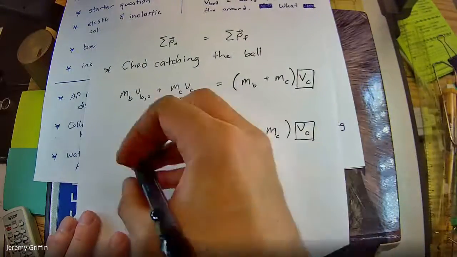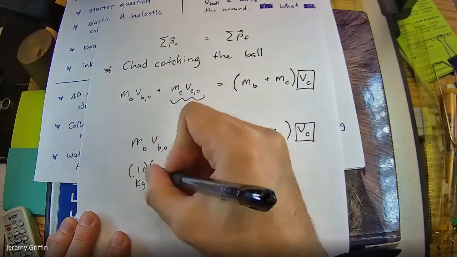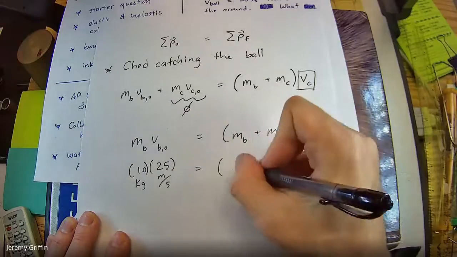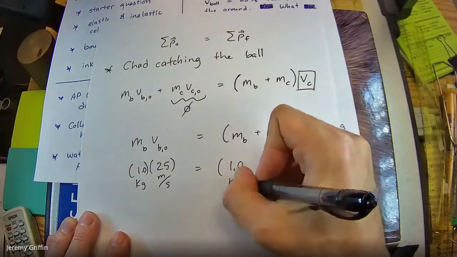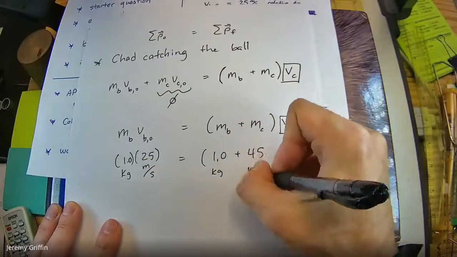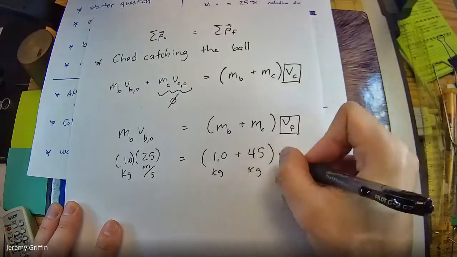I know the ball was 1 kilogram. It's coming in at 25 meters per second. Chad was 45 kilograms, so altogether it's going to be 46, of course, times the final velocity.